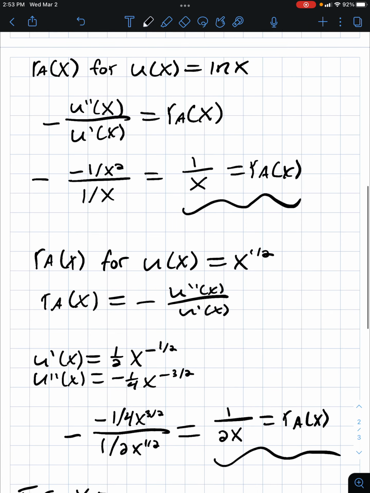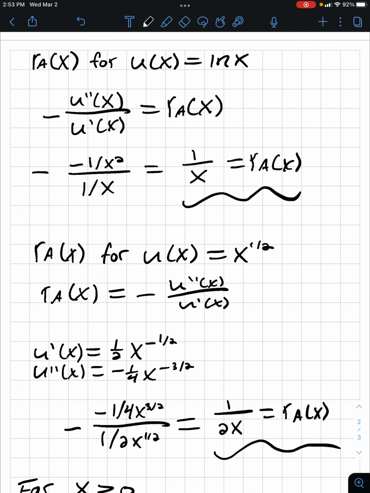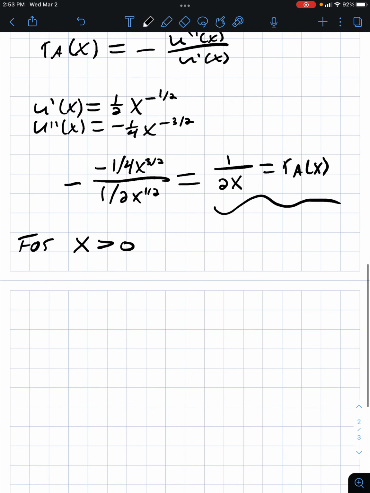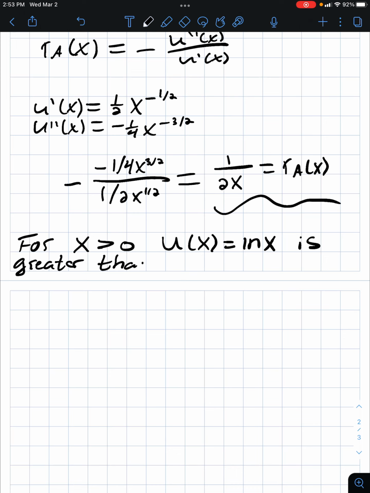So we can see when x is positive, the risk aversion ratio of u of x equal to the natural log of x is greater than that of u of x equal to x to the 1/2.